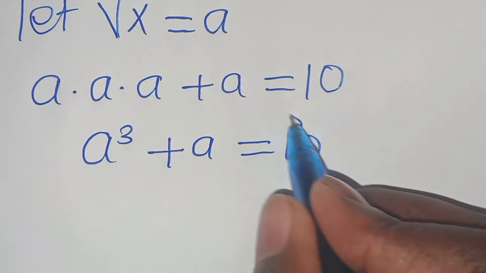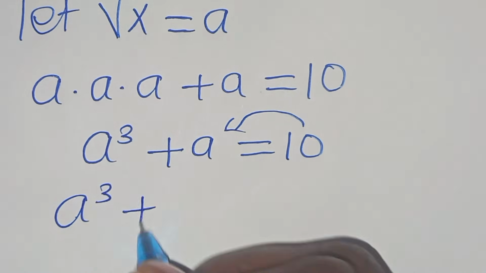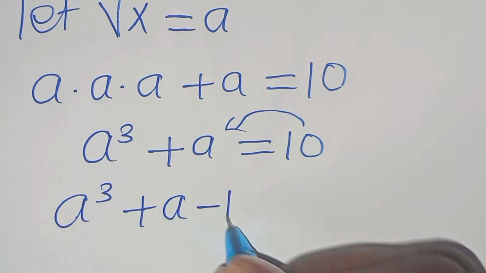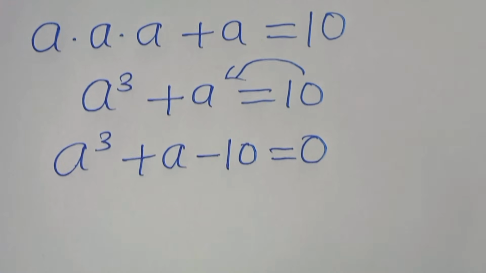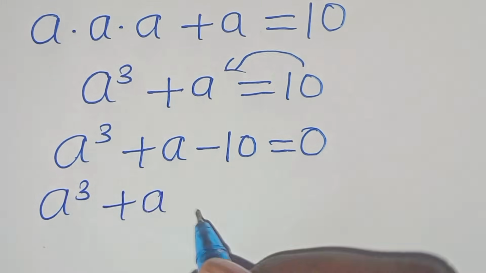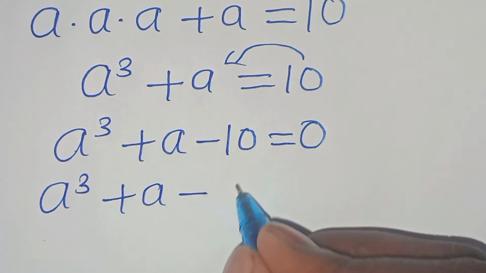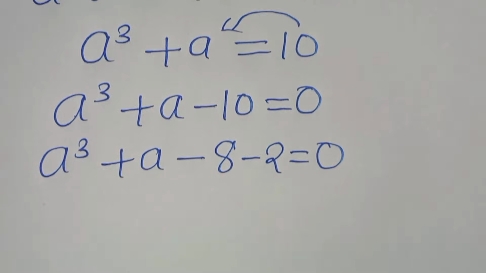So let's take 10 to the left hand side, so that we have a to the power of 3 plus a, subtract 10, equal to 0. Now this is a to the power of 3 plus a minus 10, which is minus 8 minus 2, equal to 0.